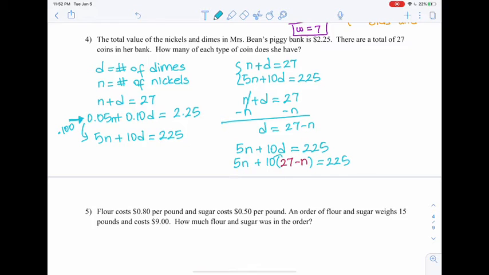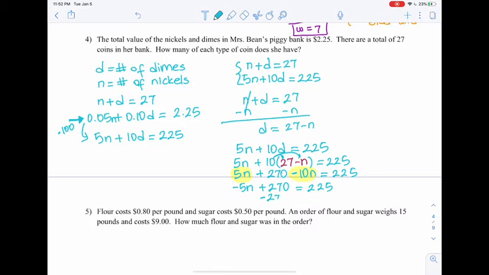Now let's distribute 10 over 27 and negative N. 5N plus 10 times 27 gives us 270, minus 10 times N gives us 10N, is equal to 225. Let's combine like terms here. We have 5N and negative 10N. When you combine them, you will have negative 5N plus 270 is equal to 225.